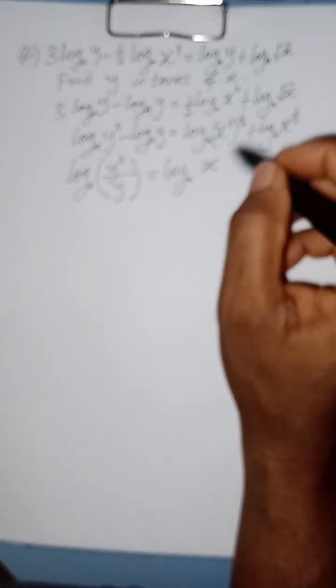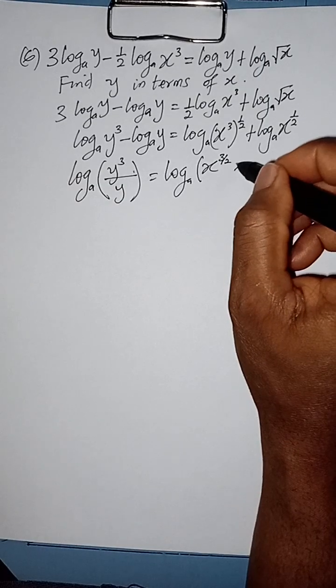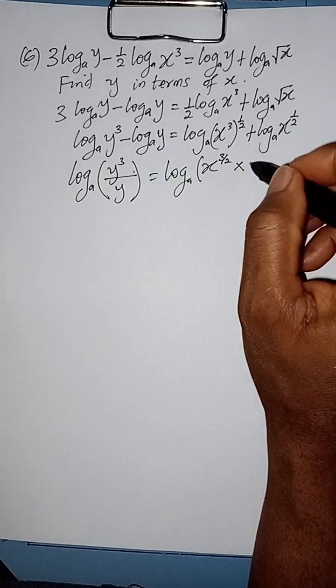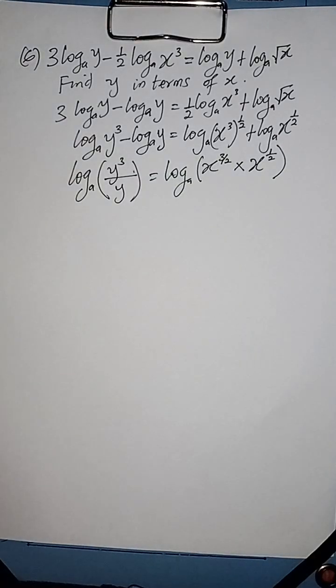This is x raised to power 3 over 2, plus means I am going to multiply. Very important to remember this because it is plus. I'll multiply x raised to 1 over 2, close the bracket.